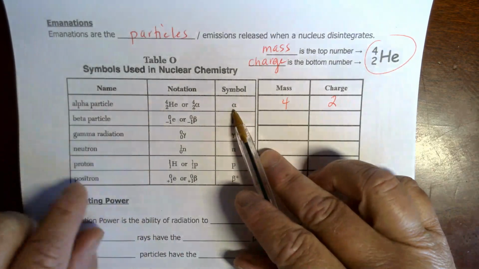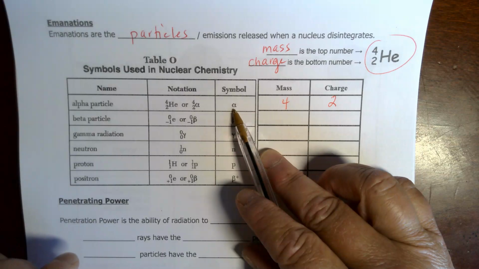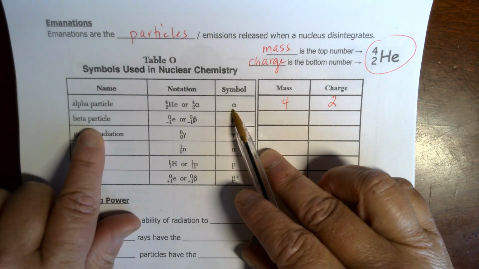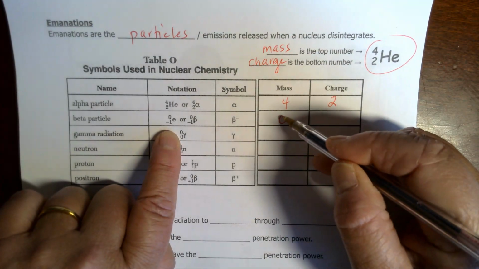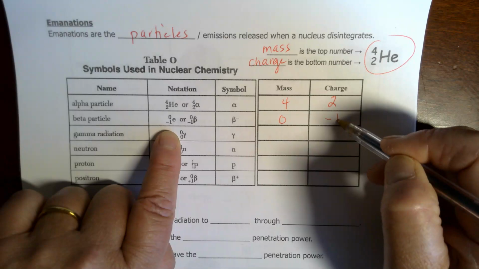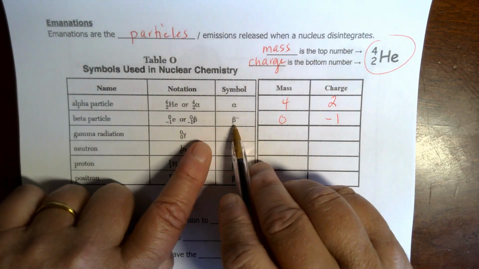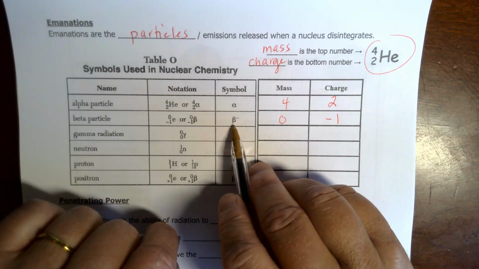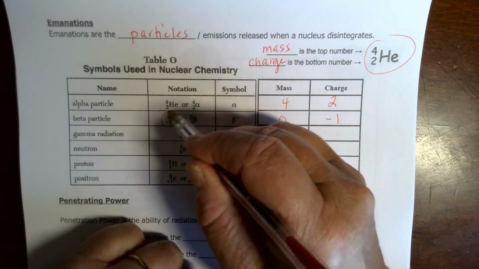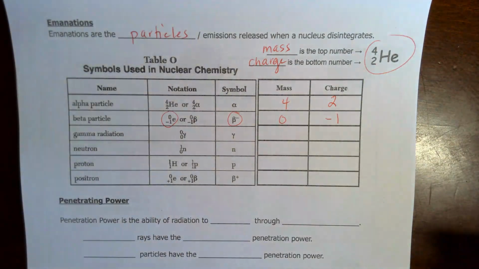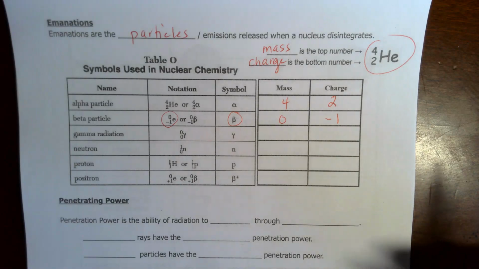We can see that this is the Greek letter alpha, sometimes used to symbolize this. A beta particle, which is really just an electron, has a mass of 0 and a charge of -1. This is a Greek letter beta, so sometimes you'll see a beta particle written with a -1 charge. That is the same. So you just need to recognize that those all mean the same thing.